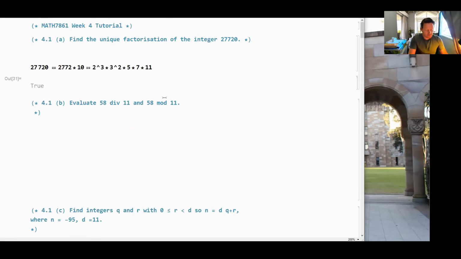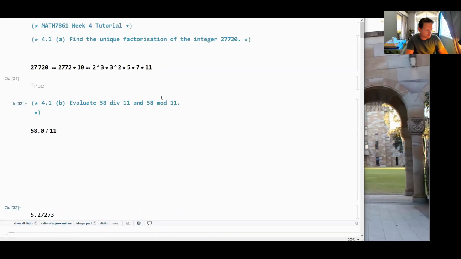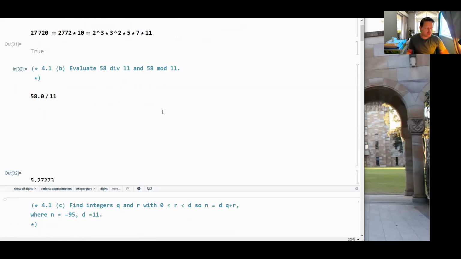Of course, I can calculate the floor in the software, but I don't really want to be doing a lot of software calculations in this. I'm mostly using this to type. But I'll just show you what it would be if you were doing it on the calculator. So 58.0 divided by 11, and let's see what this number is. If we punch this in the calculator, we would get 5.27 and so on.